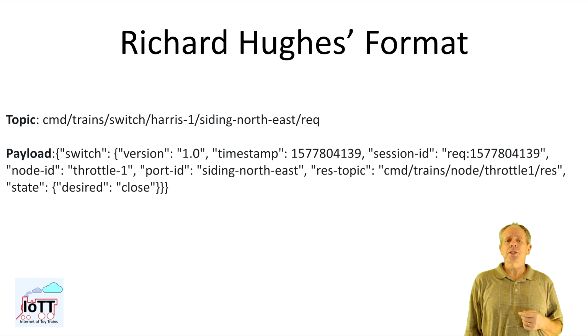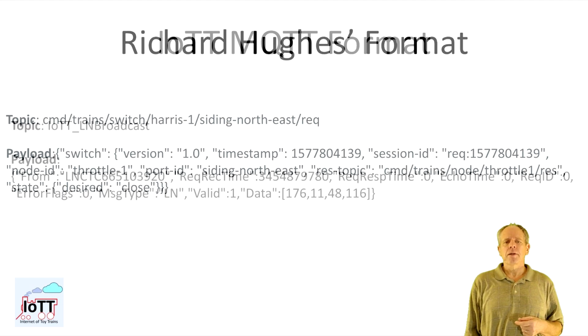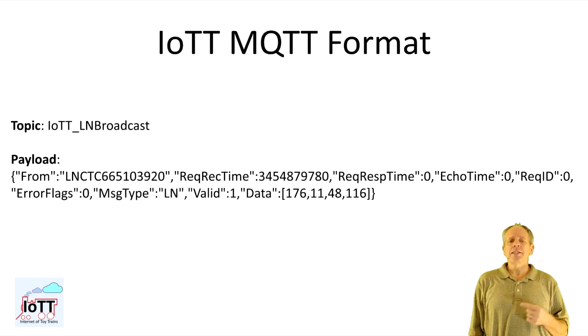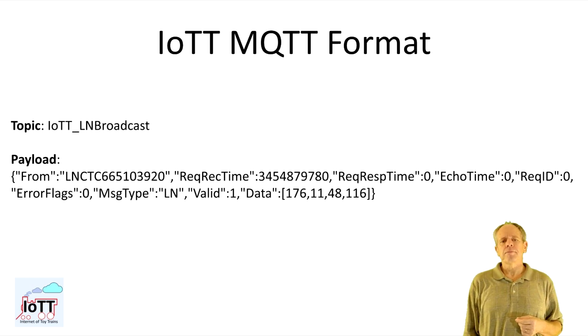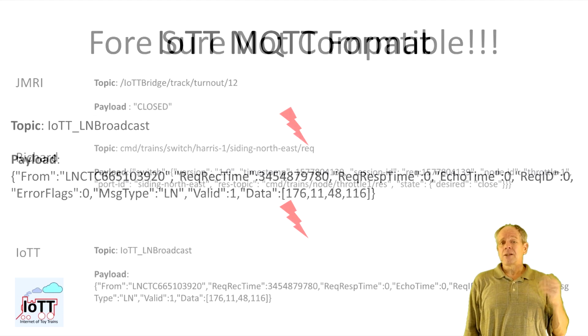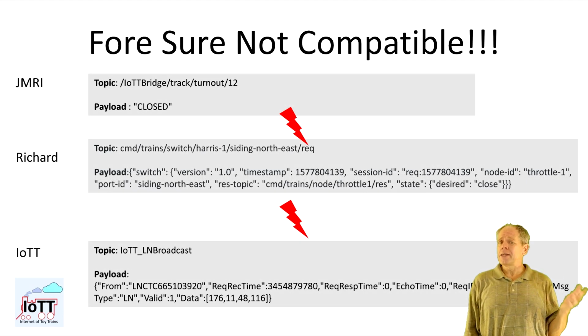To my knowledge, there is no published prototype software at this time to play with. And from the IoTT stick, you will see this. That does not exactly look like any of these are compatible to each other.